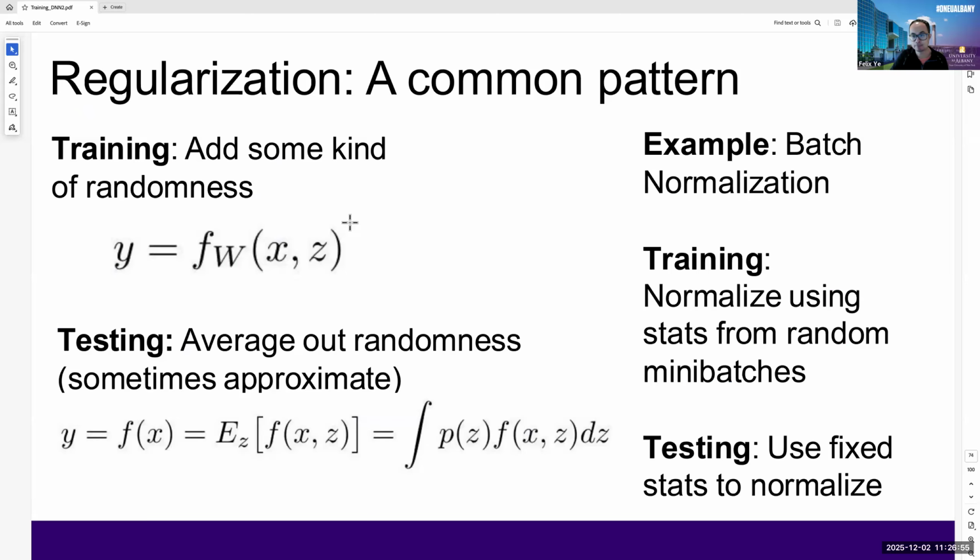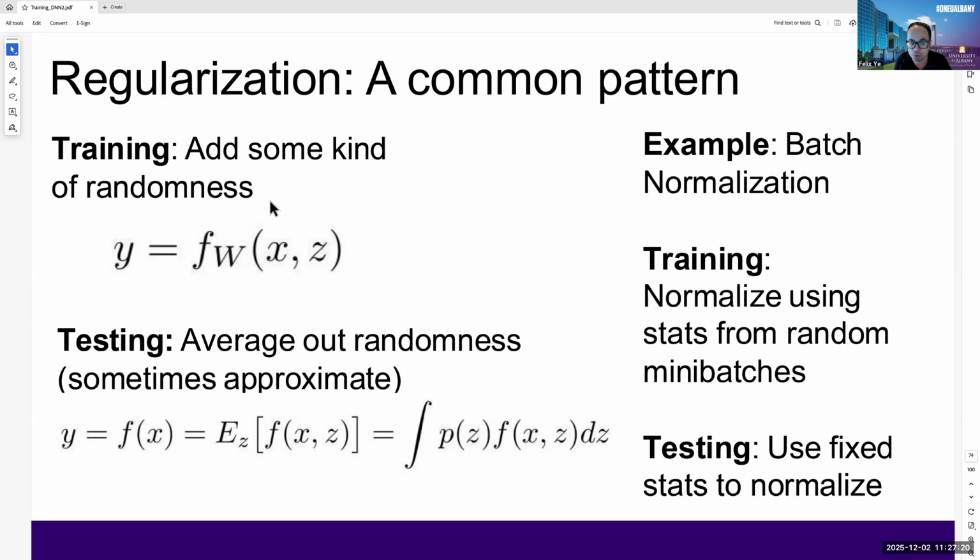Okay, so this is basically the whole idea of regularization. The idea is that I'm going to add some kind of randomness by masking these neurons, and at the end, when testing all the inferences, we average out all this randomness.